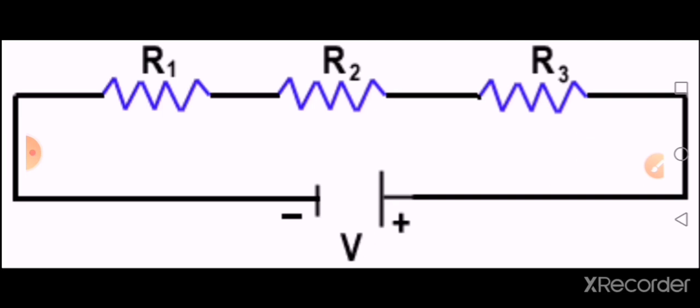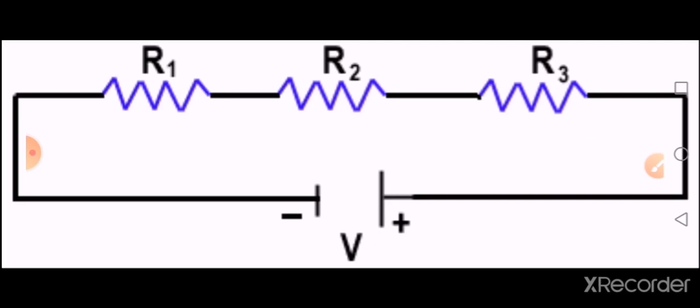So the potential difference across any resistor is directly proportional to its resistance, so the potential difference is different across different resistors. Here R1, R2, R3, three different resistances you are having, potential difference is different and current is the same passing through the series connection.